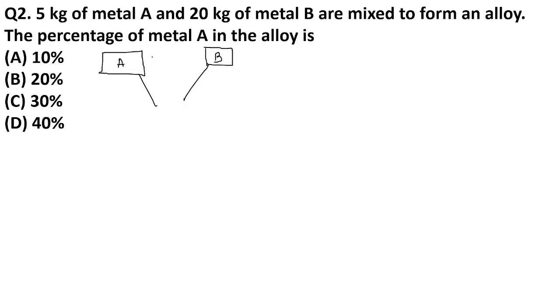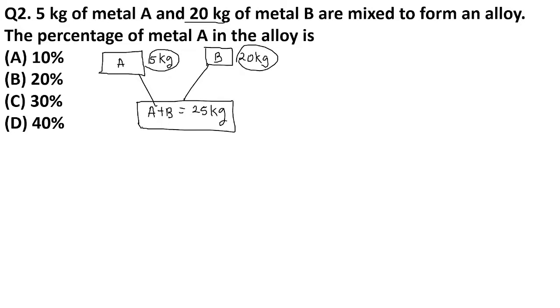The first metal is of 5 kg given in the question. The second metal is of 20 kg. So if I create the mixture of A plus B, how many kg will I get in total? That is equal to 20 kg plus 5 kg, that is equal to 25 kg. This is the mixture of two metals, equal to 25 kg.